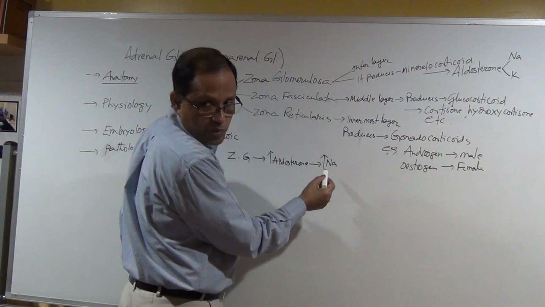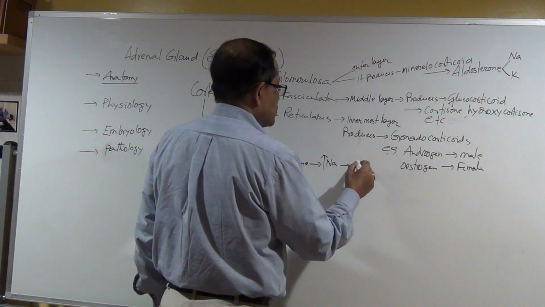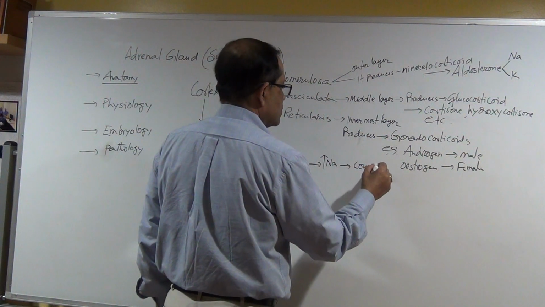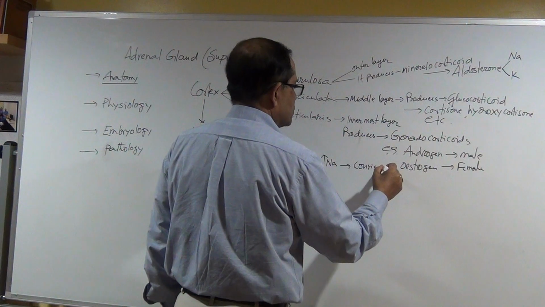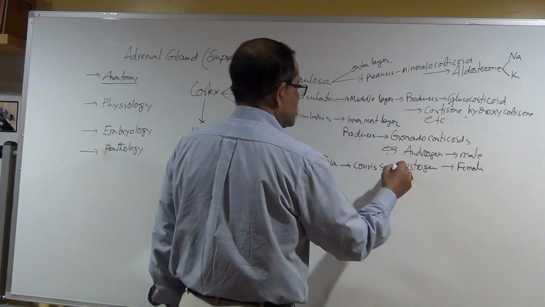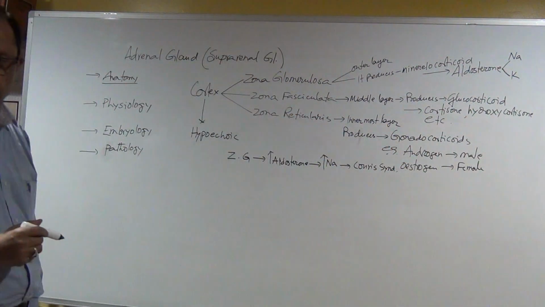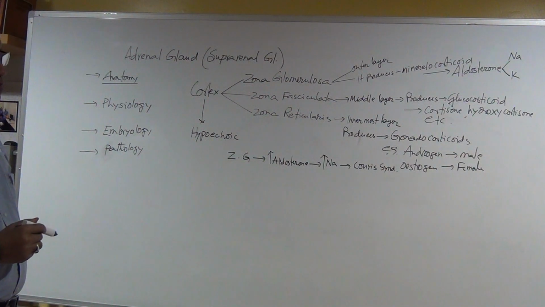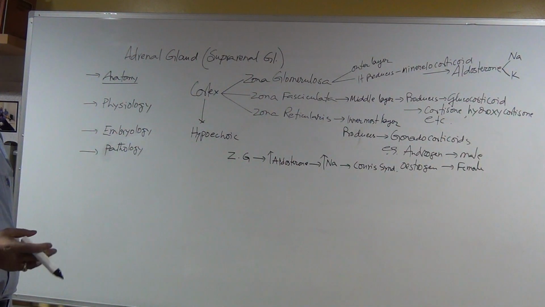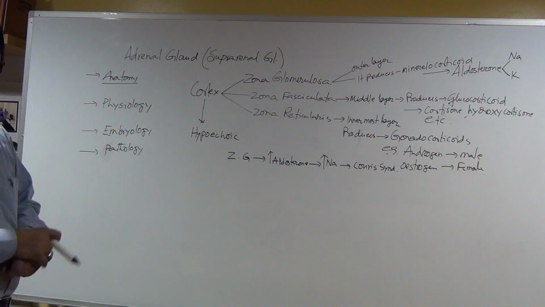This is a chemical symbol. We call it Conn's syndrome. In Conn's syndrome, the blood pressure goes up, sodium goes up, potassium goes down.